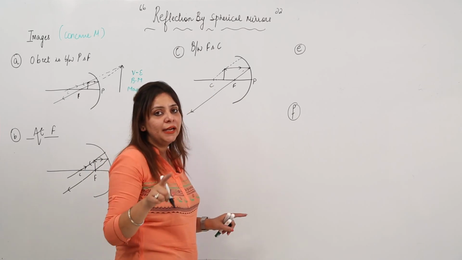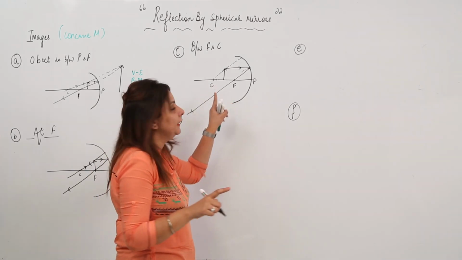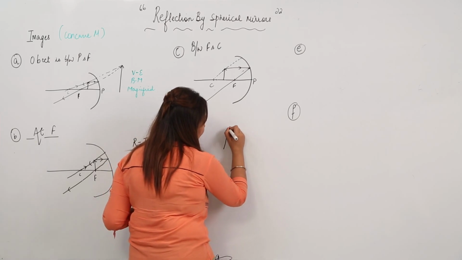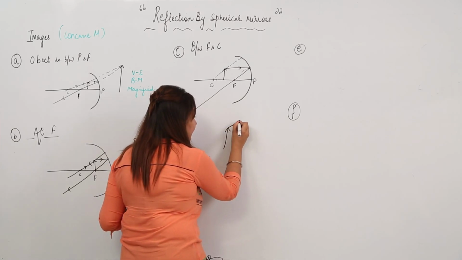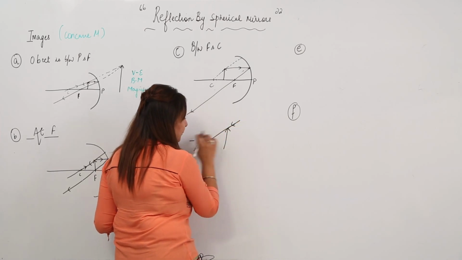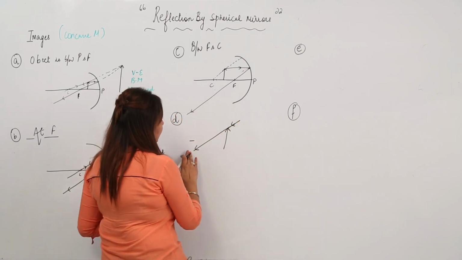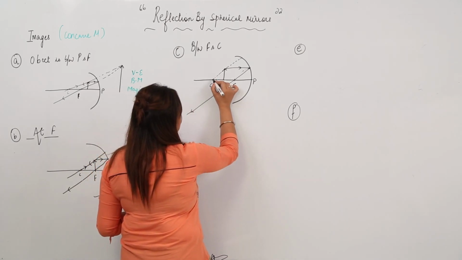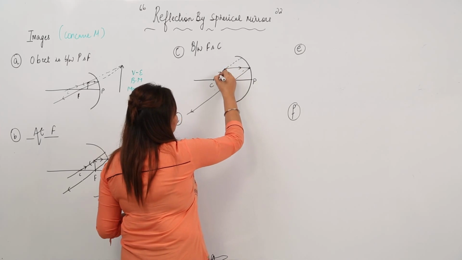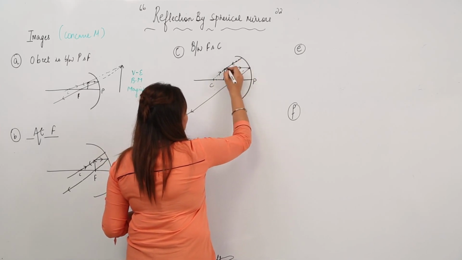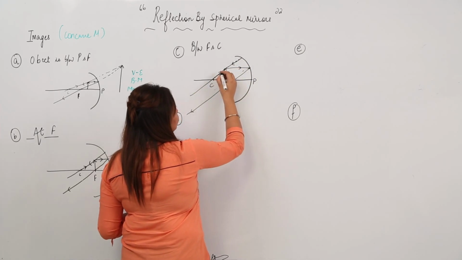Otherwise, the ray actually comes like this and then retraces its path. But for my easiness, I am just drawing a dotted line so that I can have the correct path.